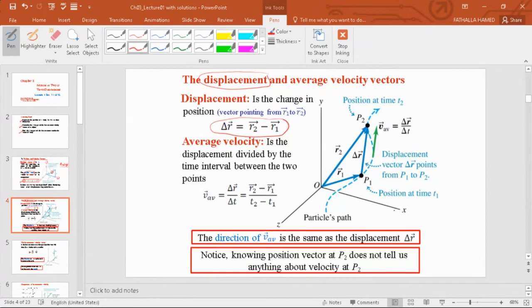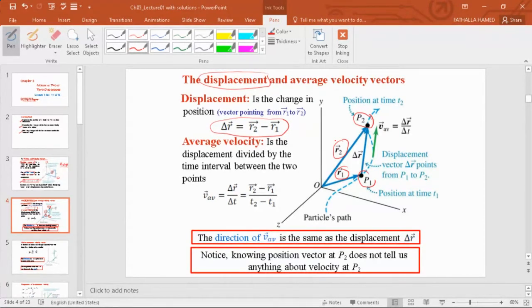So on our x-axis here, this is now your position 1, represented by vector R1. And this is position 2 here, represented by a vector R2. So these two vectors represent position 1 and position 2.